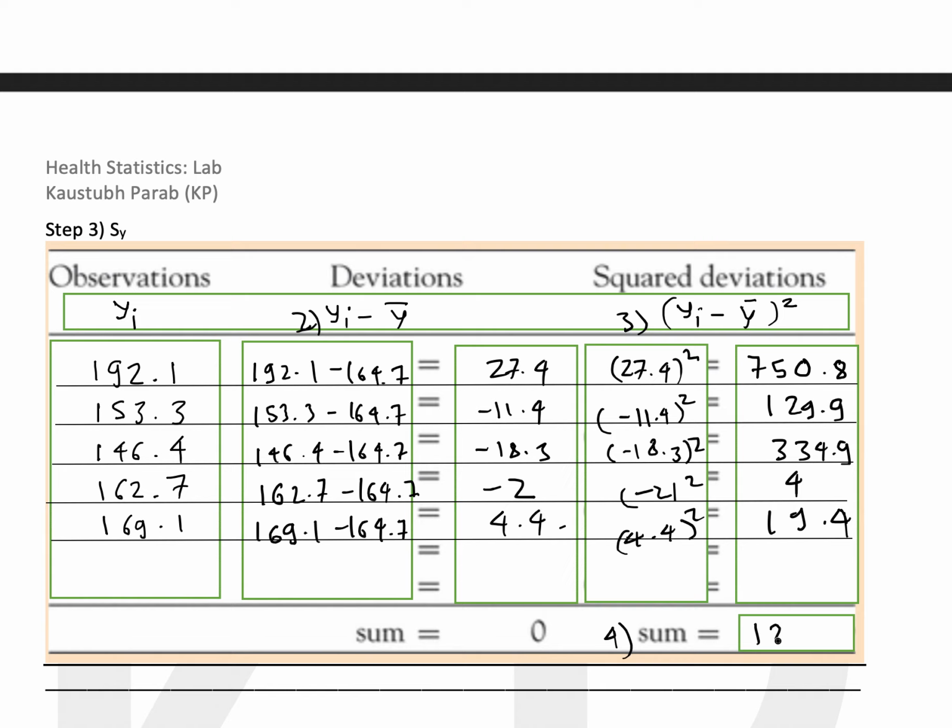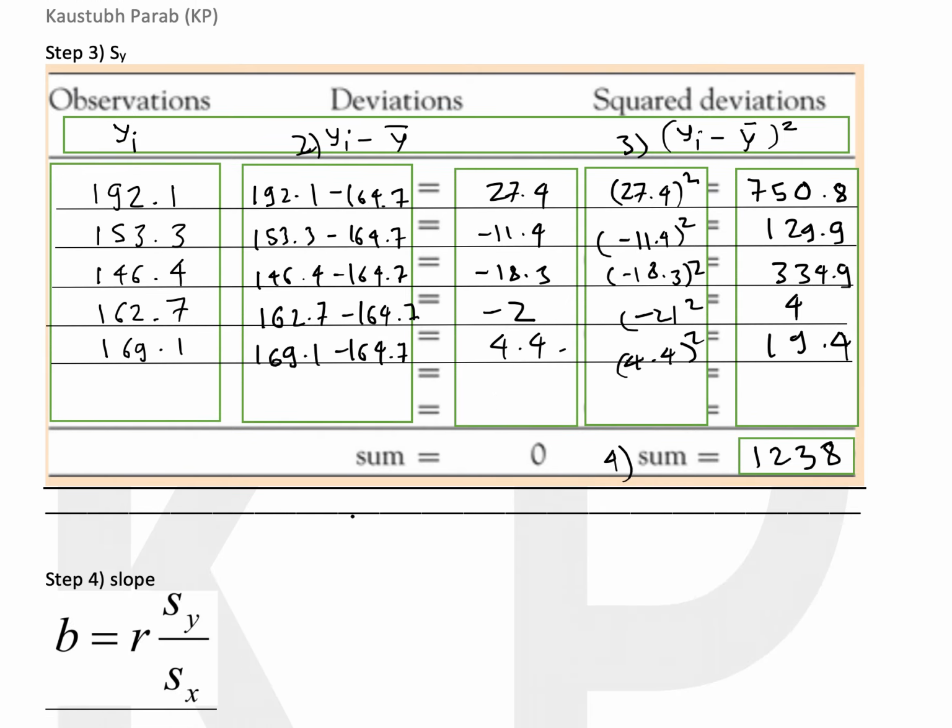That would be somewhere around. And then the last step is taking the square root of 1 upon n-1 of that particular sum. In this case, it will be yi minus y mean.